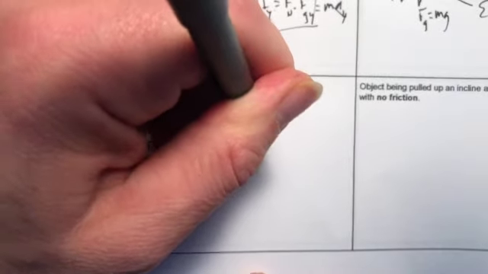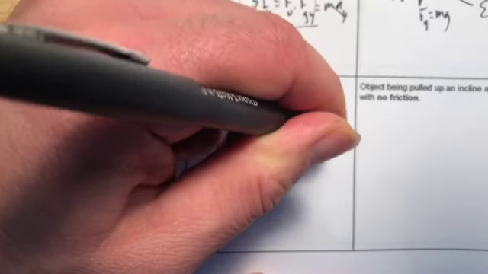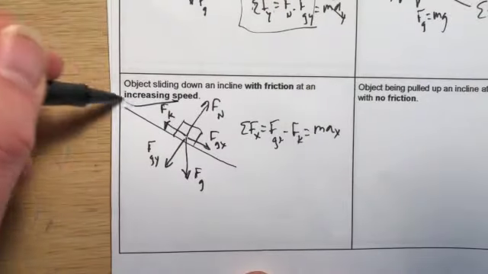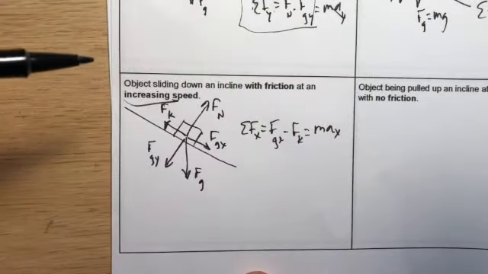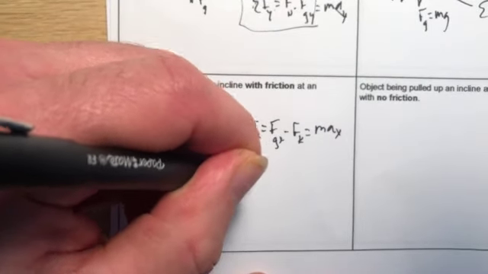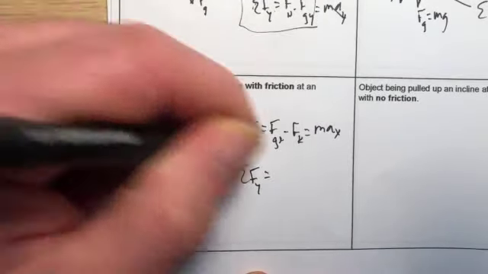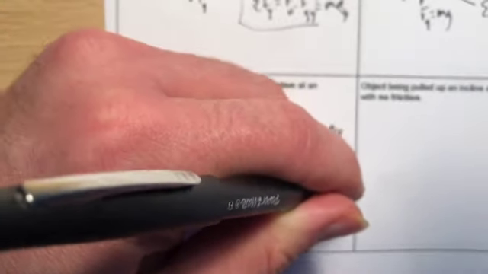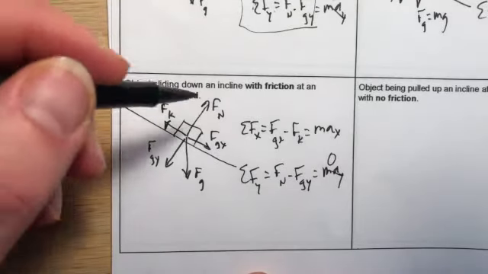And so we go the sum of the forces in the x direction, Fgx minus Fk equals max, and it says it is increasing its speed, so I can't cancel that out. In the y direction, Fn minus Fgy. And again, no acceleration in the y direction.